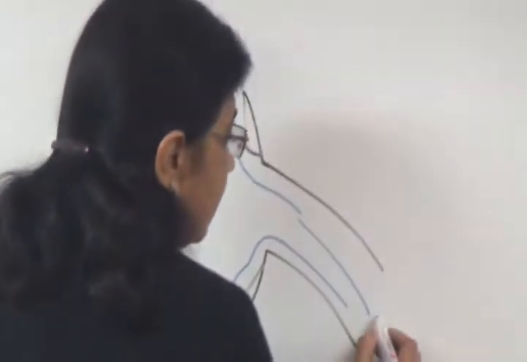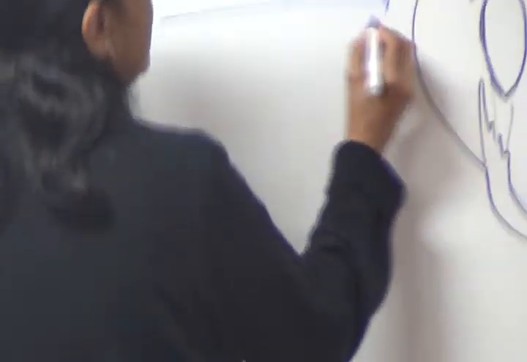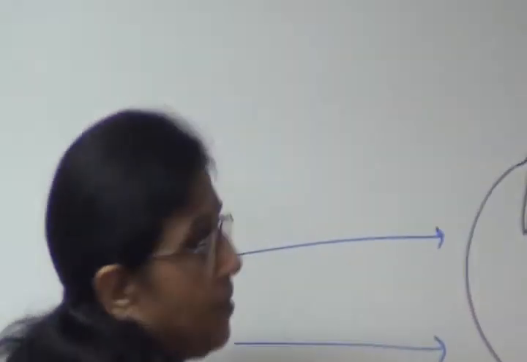So, once you know that this whole system is responsible for vision, what can be the problems? Number one, that the rays are not allowed to go inside the eye. Right? That means the light rays that are falling here are getting obstructed.